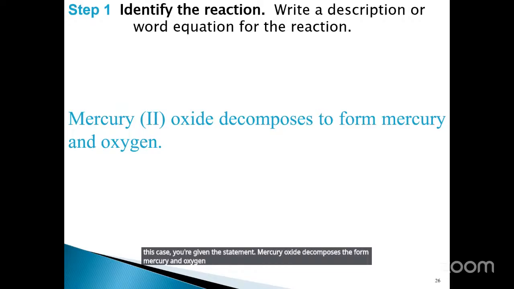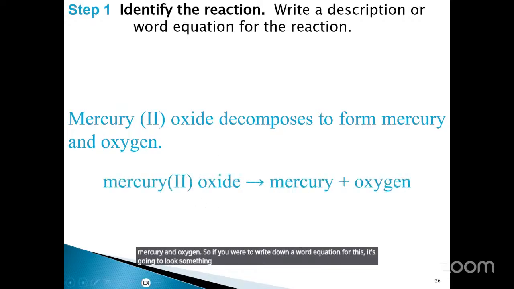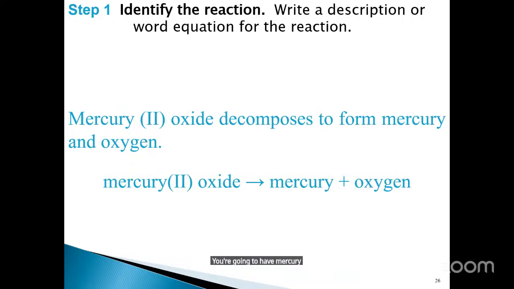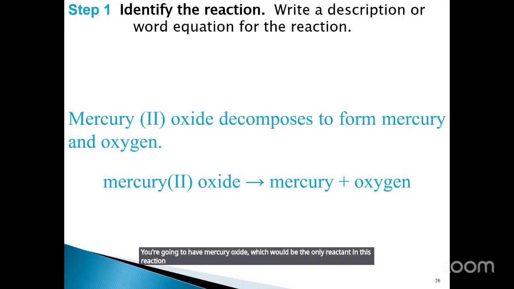So if you were to write down a word equation for this, it's going to look something like this, right? You're going to have mercury 2 oxide, which would be the only reactant in this reaction, on the left side, and then on the right side, you're going to have mercury and oxygen written down. All right. You might not find this necessary to do. I don't find it necessary to do, but if you find it helpful, that's fine by me.